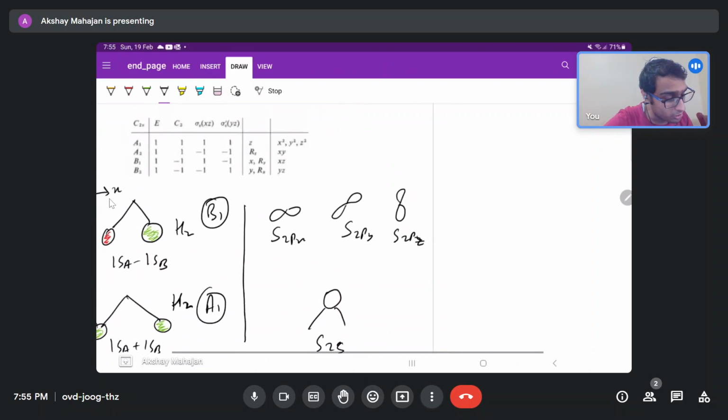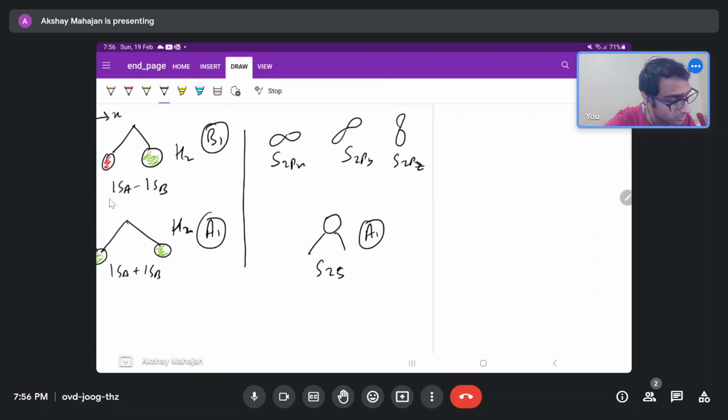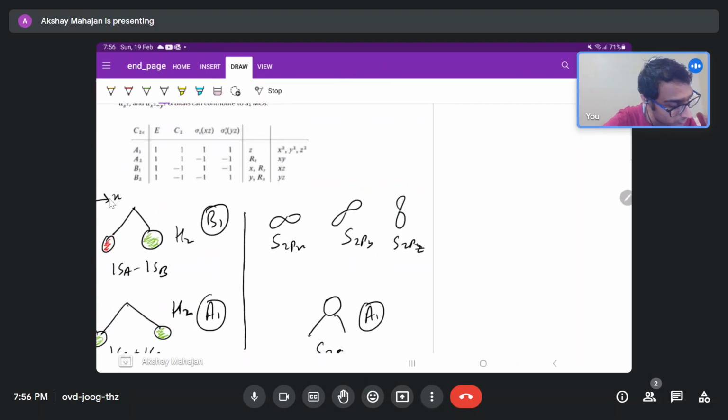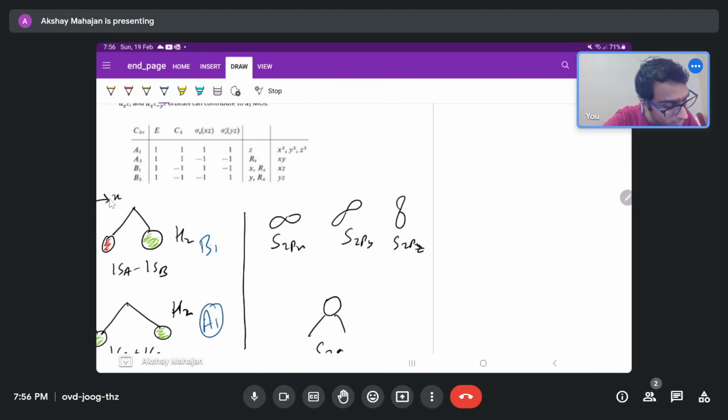Similarly for oxygen 2s, for s we can say it will have the A1 symmetry. For px you can see this will have the B1 symmetry.